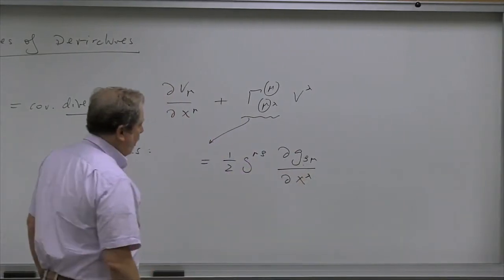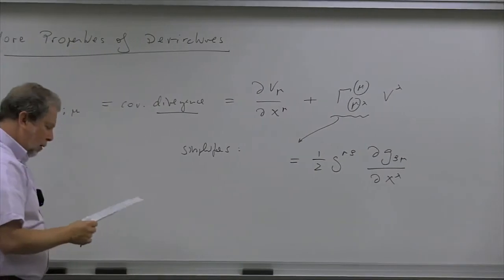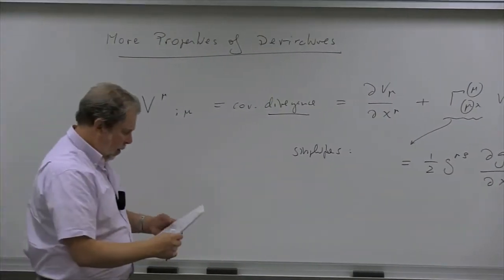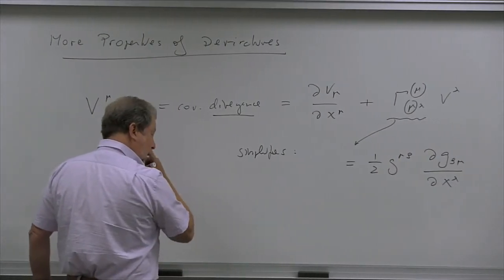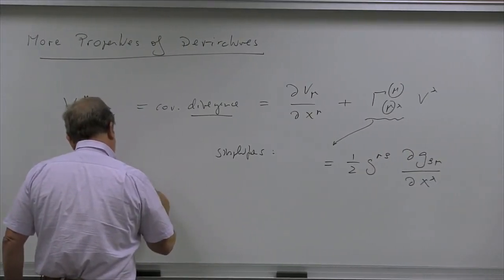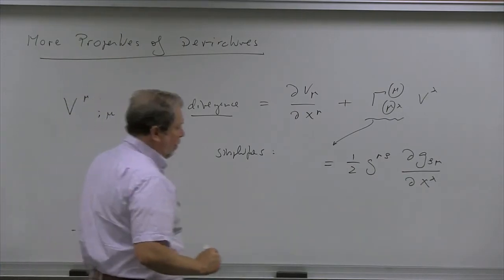So you notice that the two indices are in fact the same. And well, that can be simplified quite a bit more. We will not go into that because it uses the fact that you can prove that it can be written in terms of the determinant of the metric.